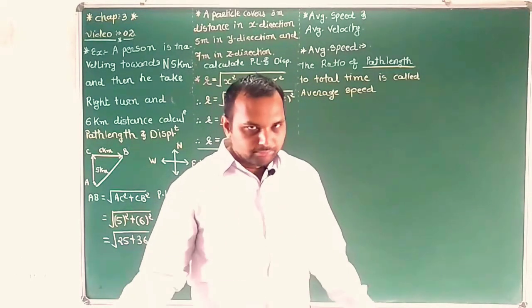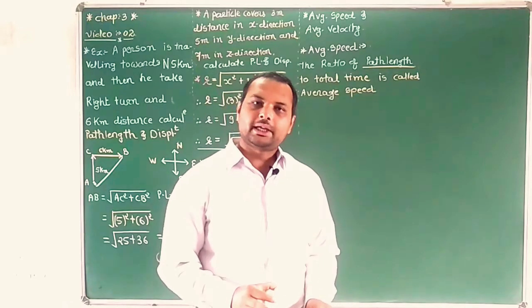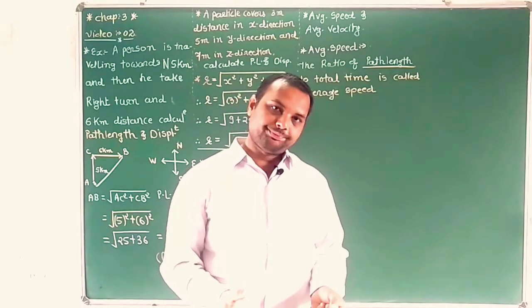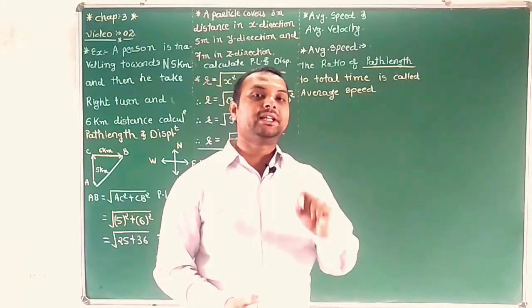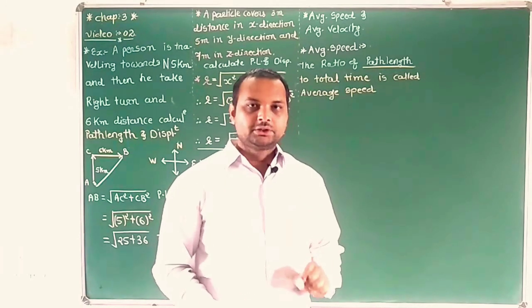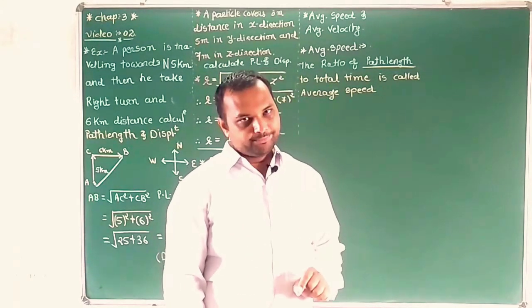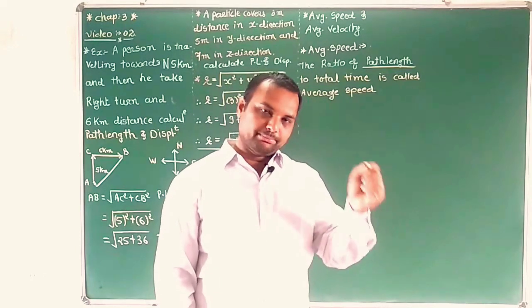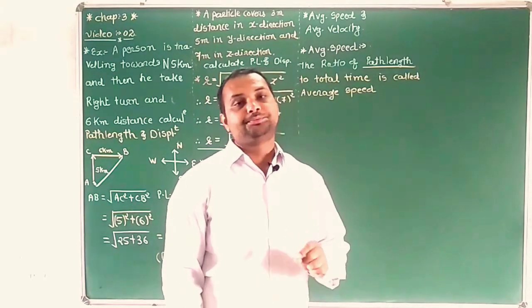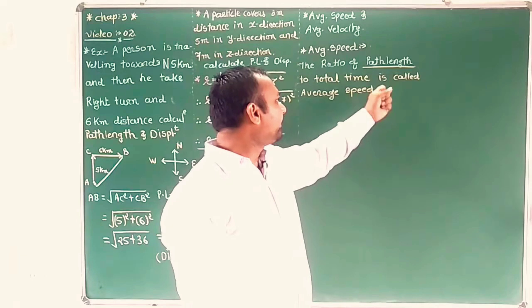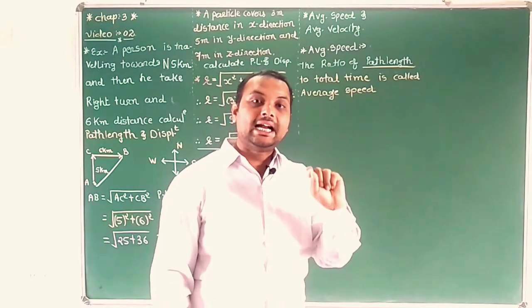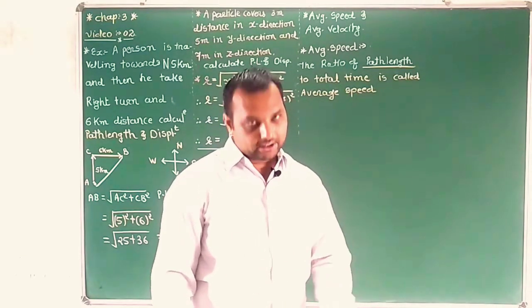You can take any symbol, no problem over that. The interval of time, or total time, is indicated by delta t. So by the formula it would be delta x upon delta t, and the symbol of the average speed is delta v or v bar.